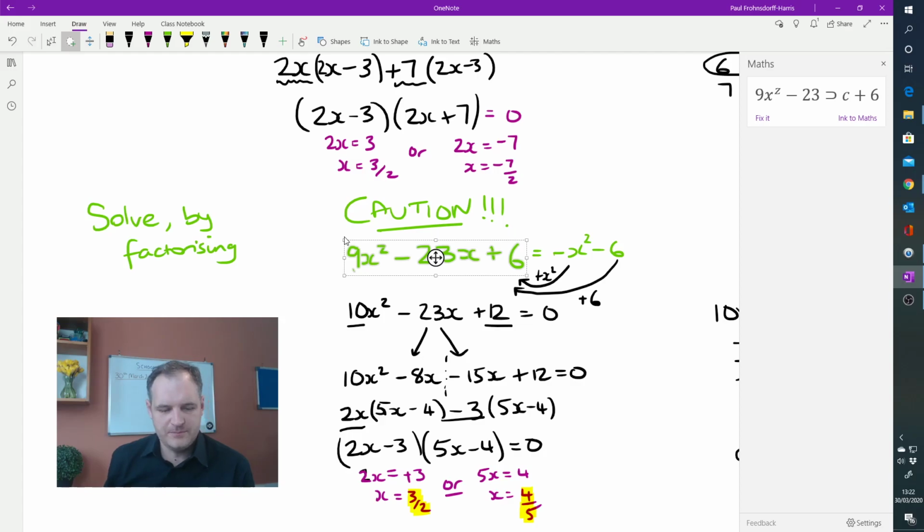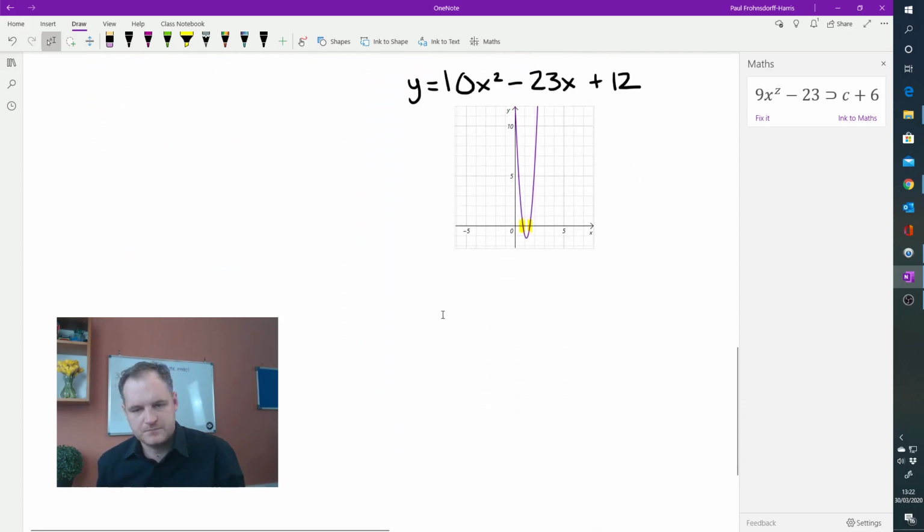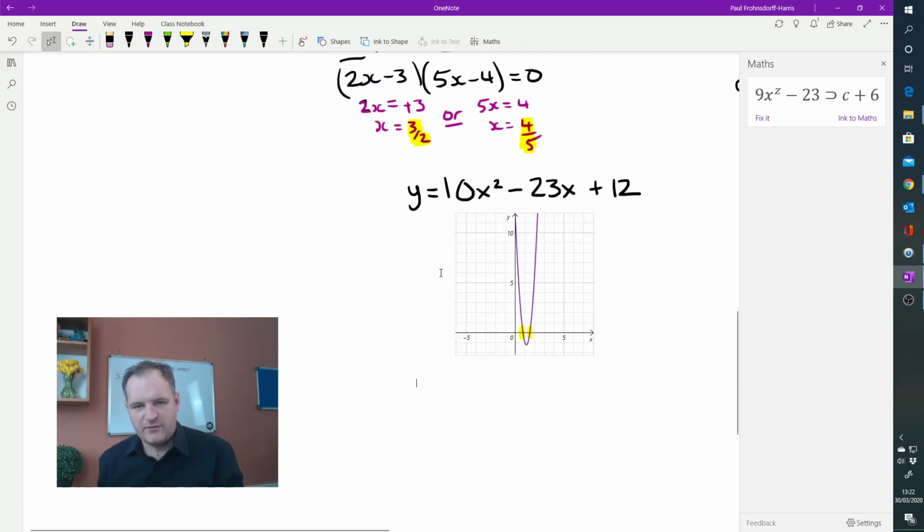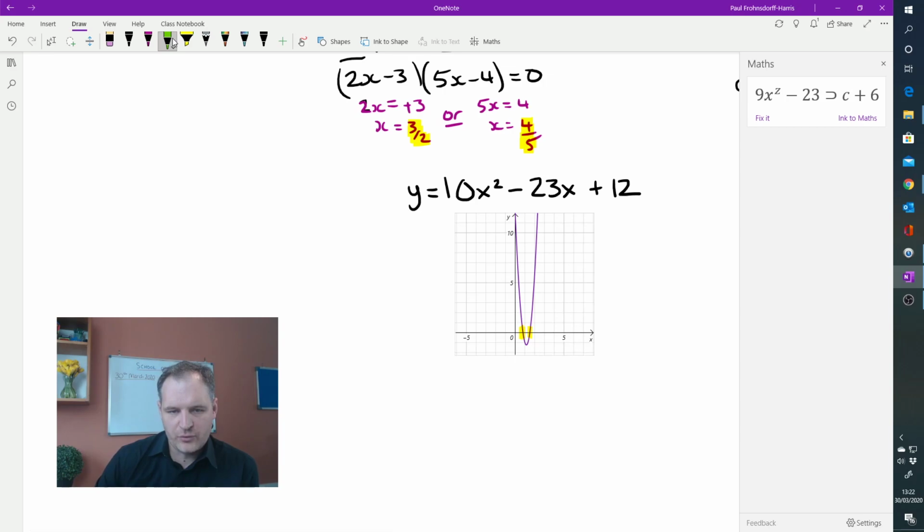It's not a problem. Oh, there's my vector stuff for later. So we've got y equals 9x squared minus 23x plus 6.